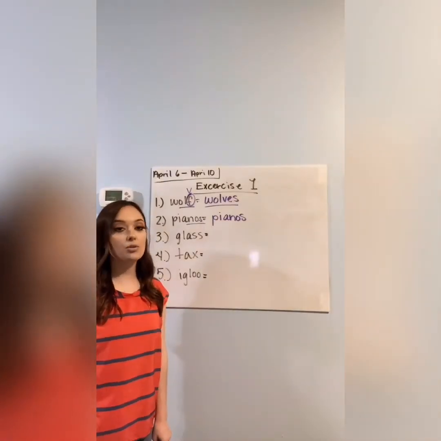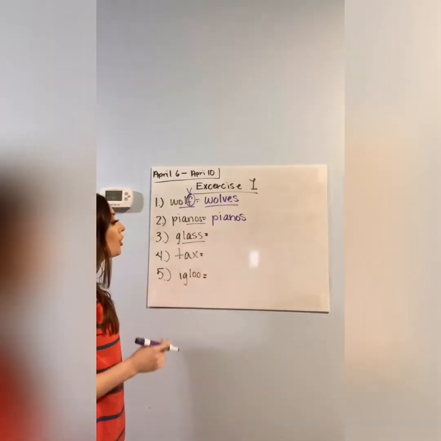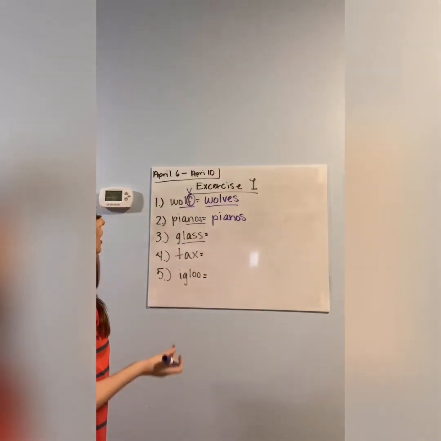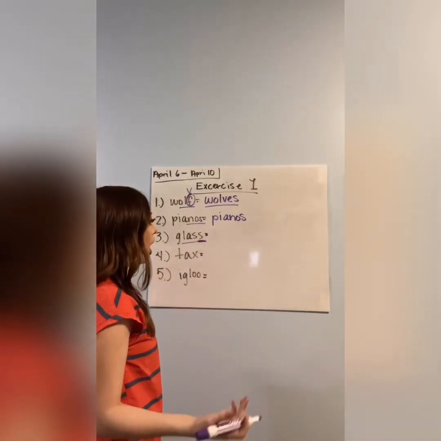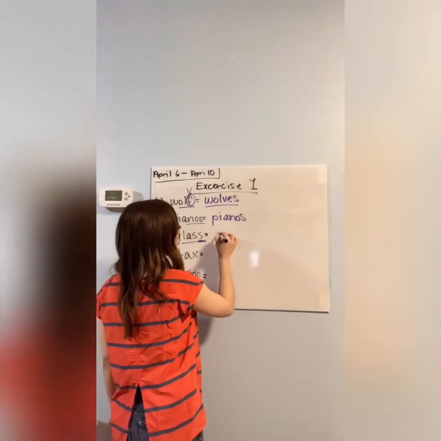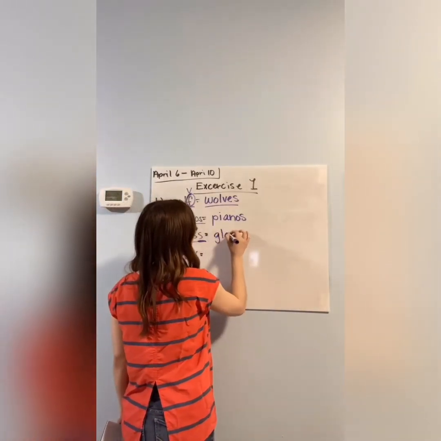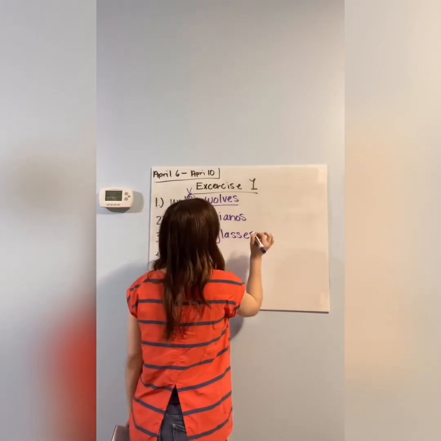Okay, so moving on to number 3. The word is glass. This word is pretty easy. Since glass ends with an S, in order to make it plural, all we would have to do is add an ES because it ended with an S. So our plural word for glass would be glasses, G-L-A-S-S-E-S.